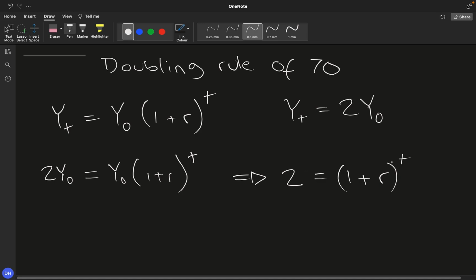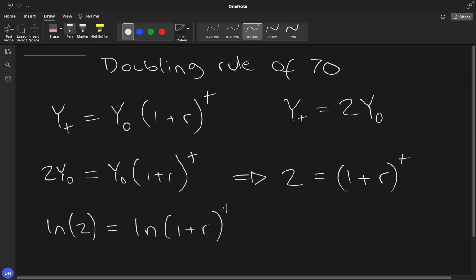And obviously we want to find out the value of t, so we solve for t. How do we do that? We can take the natural logarithm of both sides. Using the logarithm properties, we get this.